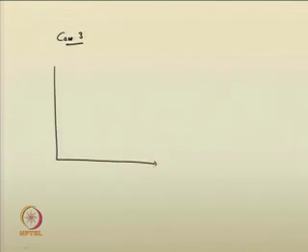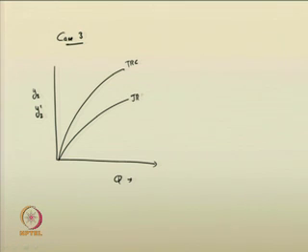We can have another case. With respect to the jump water depth and tailwater depth, the tailwater rating curve is like this and the jump rating curve is like this. Here the tailwater rating curve is greater than the jump rating curve. Therefore, y 2 is always less than y 2 dash in this situation.